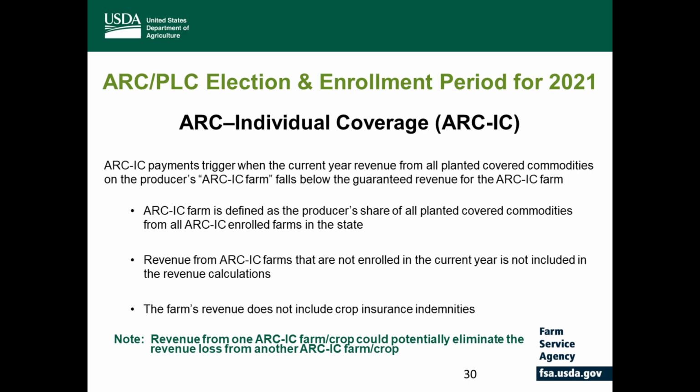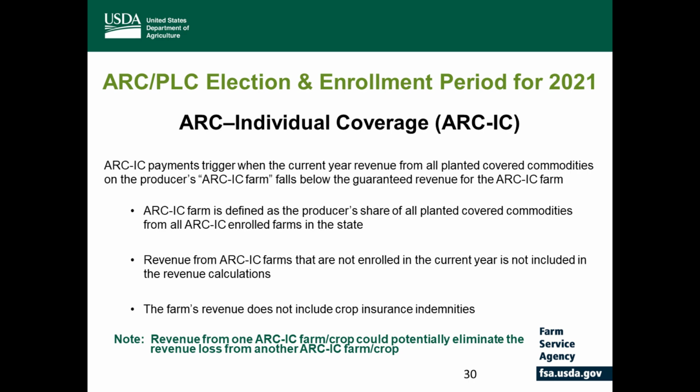And we call that your bucket. So we're going to look at all farms that are enrolled in ARC-IC that you have a share in within the state of South Dakota. And we're going to put all of that into one bucket to calculate a payment for you.